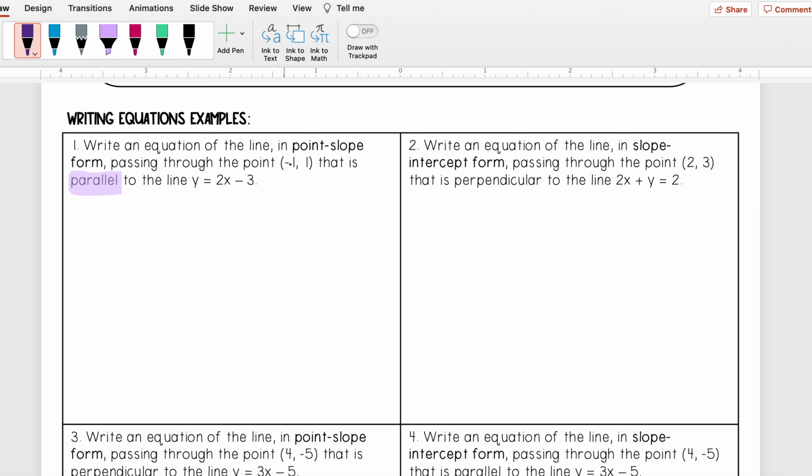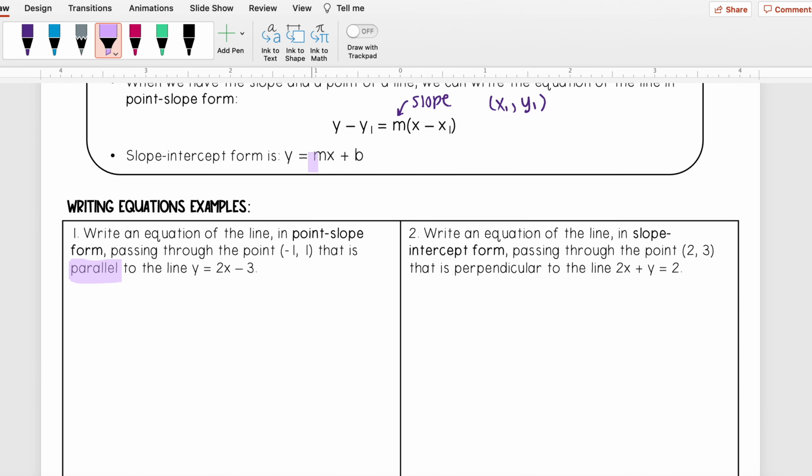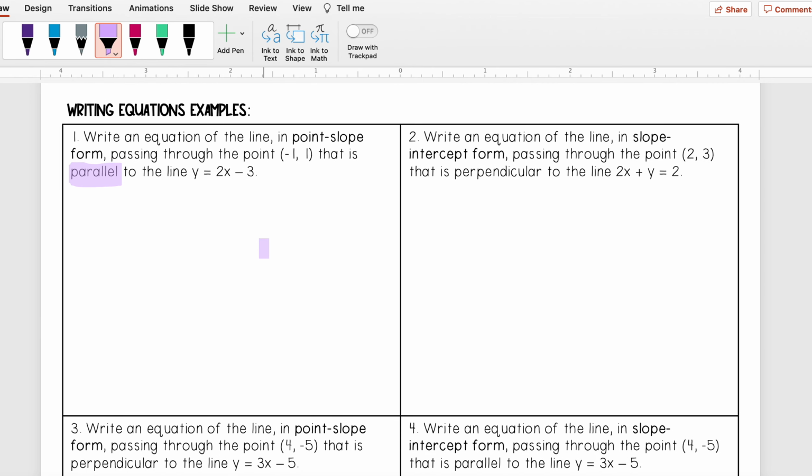I am given my point that I want to go through, but I need to figure out my slope. Well, I want it to be parallel to this line y equals 2x minus 3, so I need to figure out what the slope of that is. Since this is in slope-intercept form, the slope is just that number in front of x. So my slope of this line is 2.